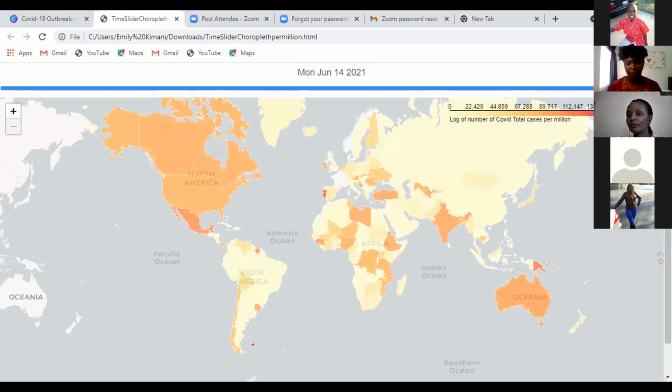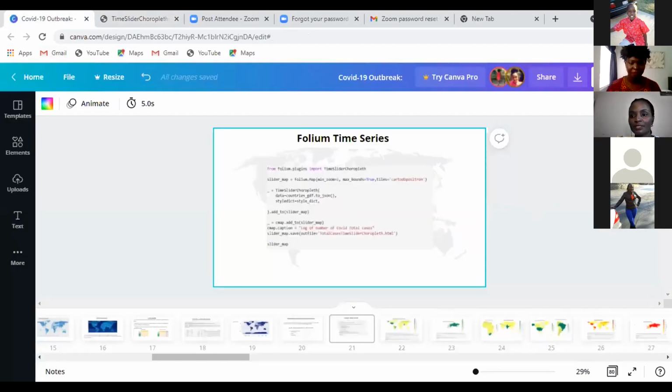And at the last day of our data set, you now can tell all the countries that are showing up. You can see what the changes are and how this has changed. So we go back to my presentation.